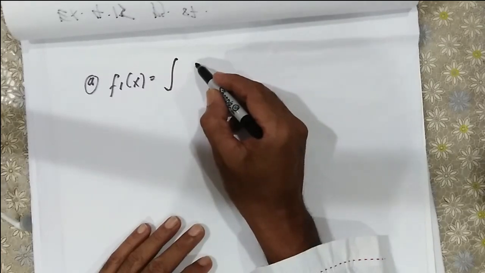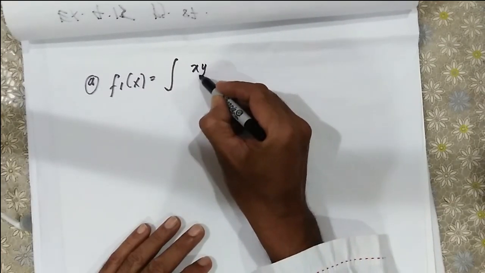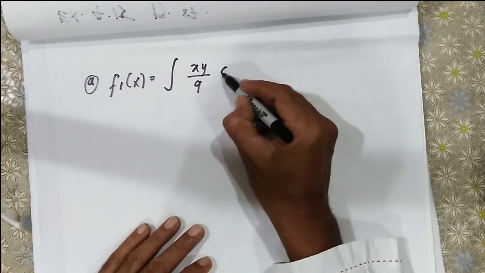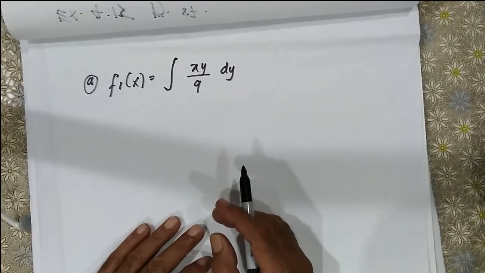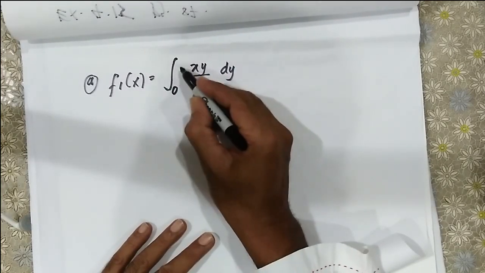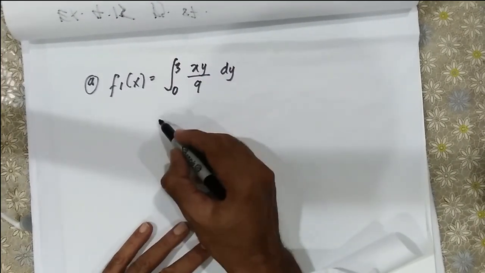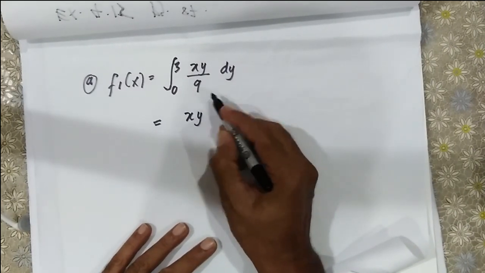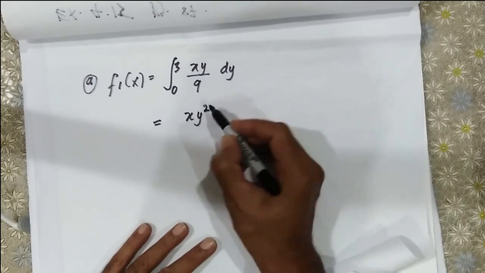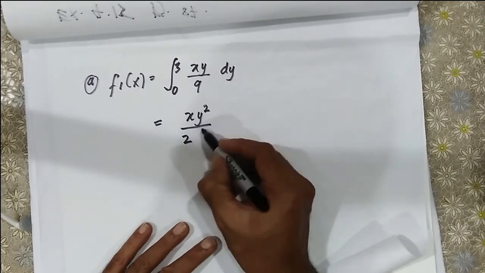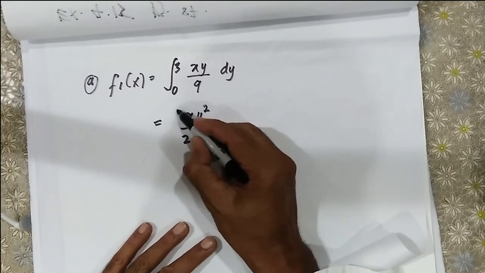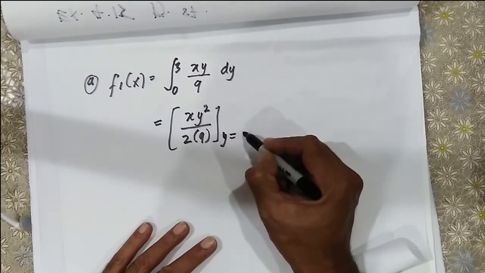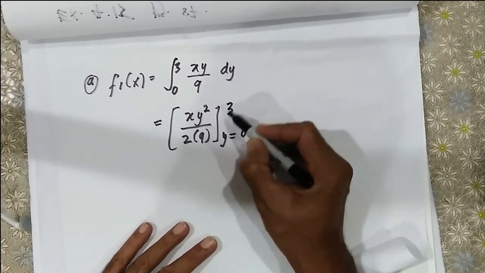The original function is xy over 9 dy. The range of y is from 0 to 3. So here I have x y squared over 2 multiplied by 9, then substitute for y equal to 0 and 3.